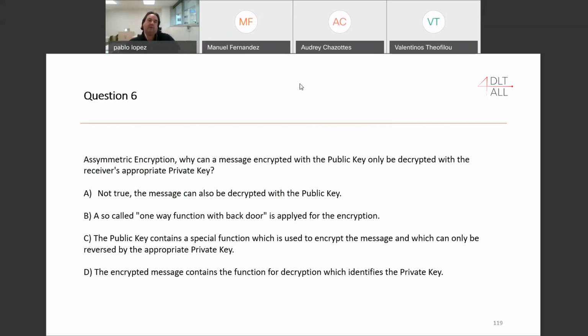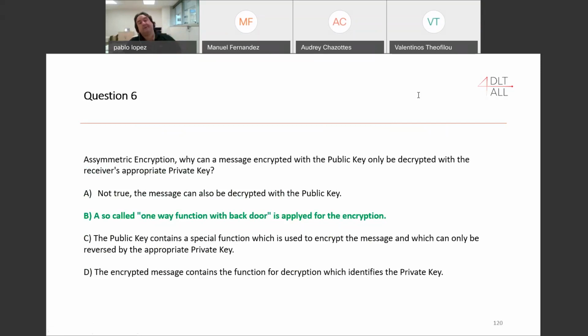Okay, it seems that you got it clear, but the answer that they show here is B. Diego showed it at the end. A so-called one-way function with backdoor is applied for this encryption.